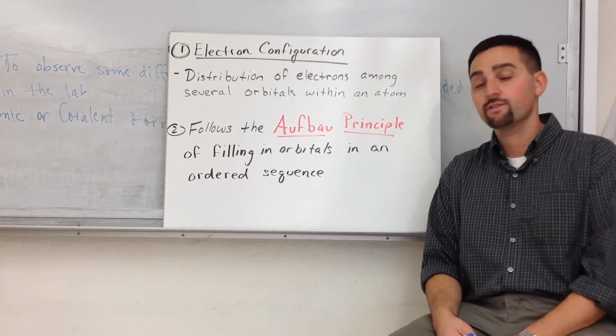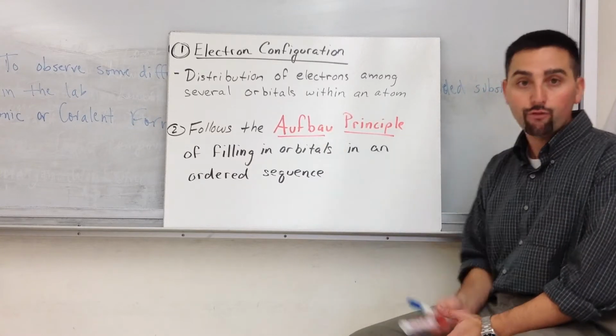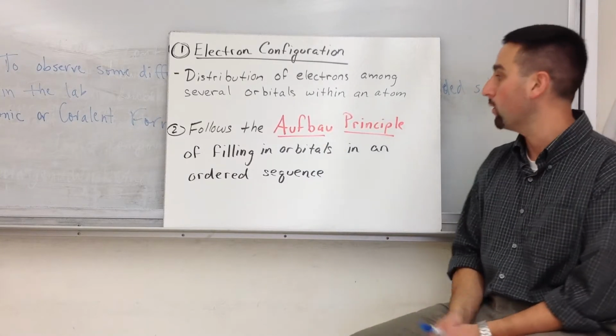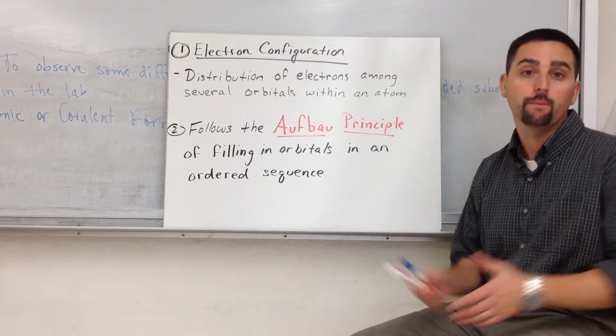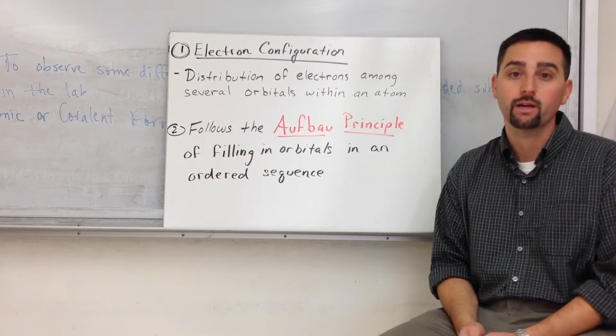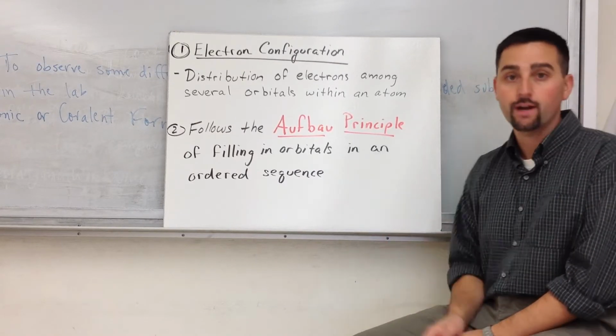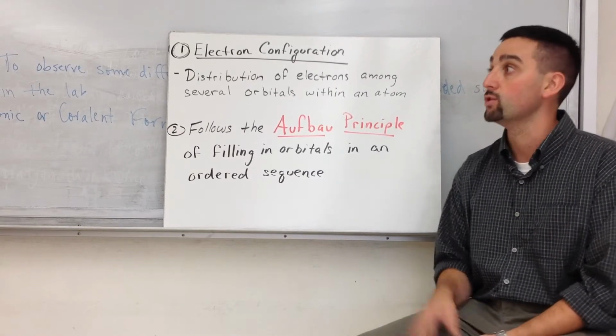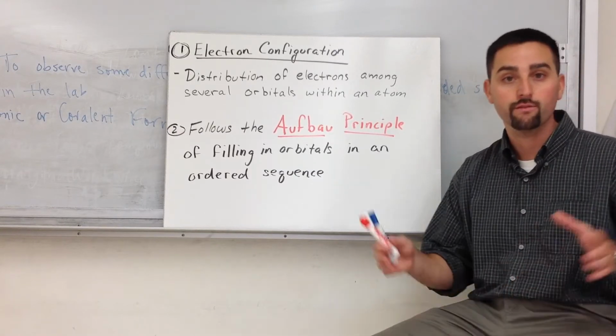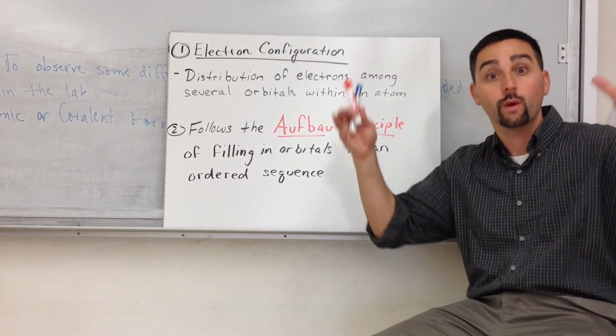Electron configurations follow what's called the Aufbau rule, and Aufbau in German means to build up. The analogy that I use in my class is when a contractor wants to build a home, he or she starts from the basement and works their way up, right?